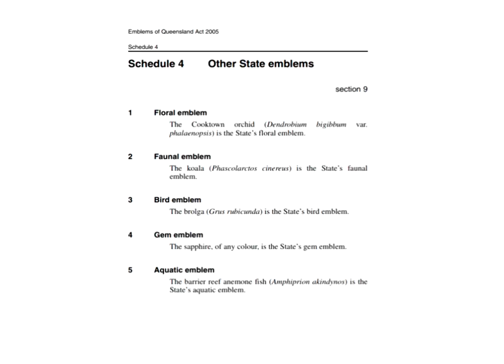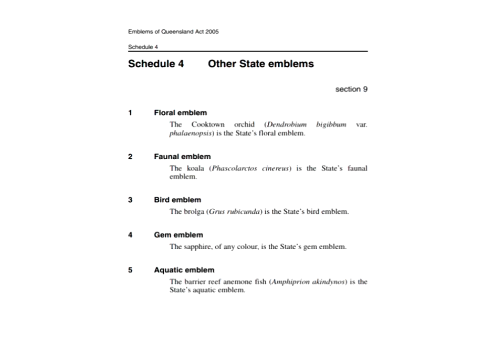Schedule 4 tells you what the other state emblems are. They sound like trivia questions, but the floral emblem is the Cooktown orchid, the faunal emblem is the koala, etc., etc. And importantly for this piece of legislation, they'd never had an aquatic emblem before.